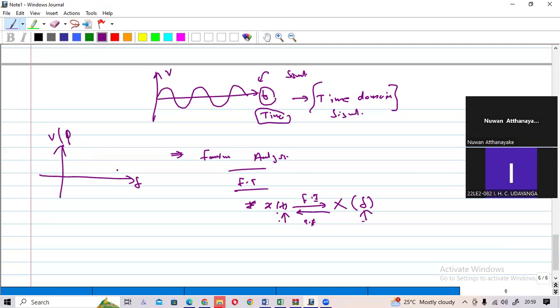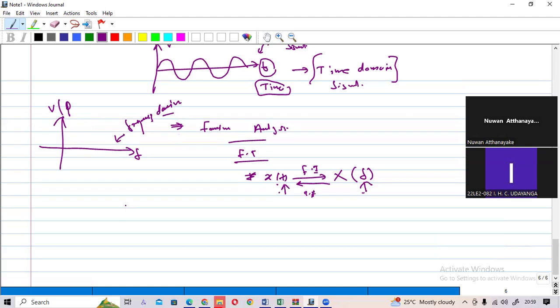So when we are analyzing and measuring signals, we have to measure the signals mainly in the time domain and the frequency domain. That is very important.